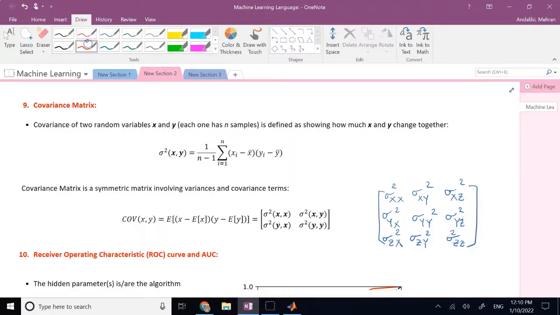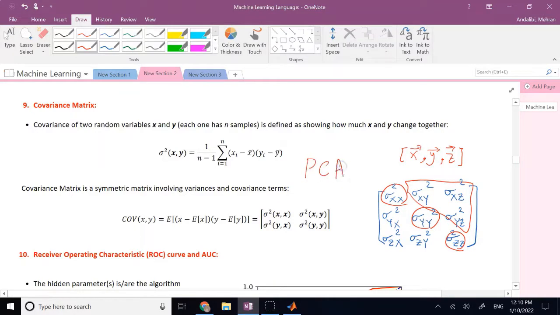So you see the variances, and you just need half of this. The other triangle is similar. So covariances and variances, that's called the covariance matrix of the data, where your data includes vector X, vector Y, and vector Z. You do need this in many machine learning algorithms, including principal component analysis, or PCA. That's why I introduced this to you right now.